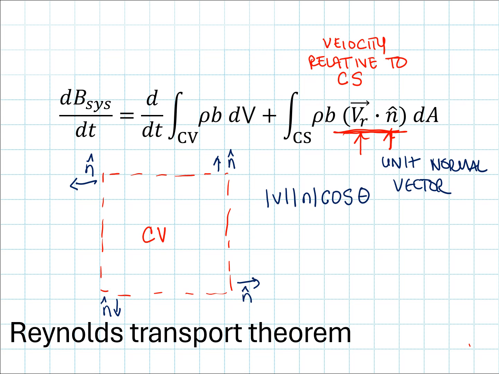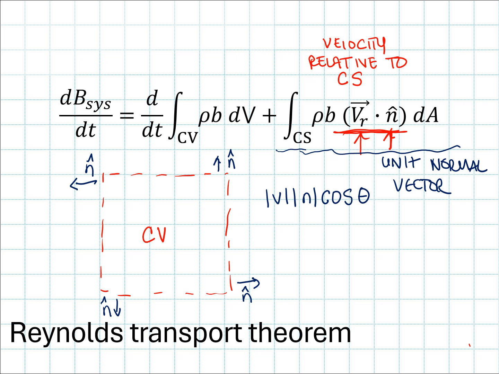So why is it v dot n and not just v? Well, again, if we look at this third term of the Reynolds Transport Theorem here, remember that we defined this as the net flux out of the control volume.